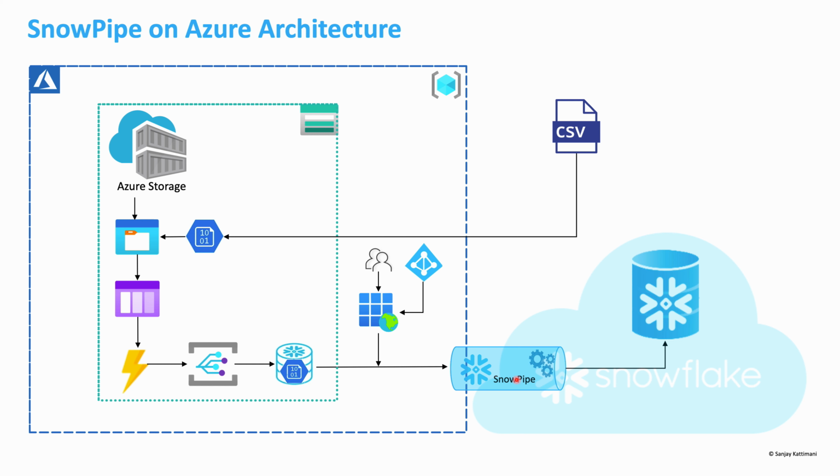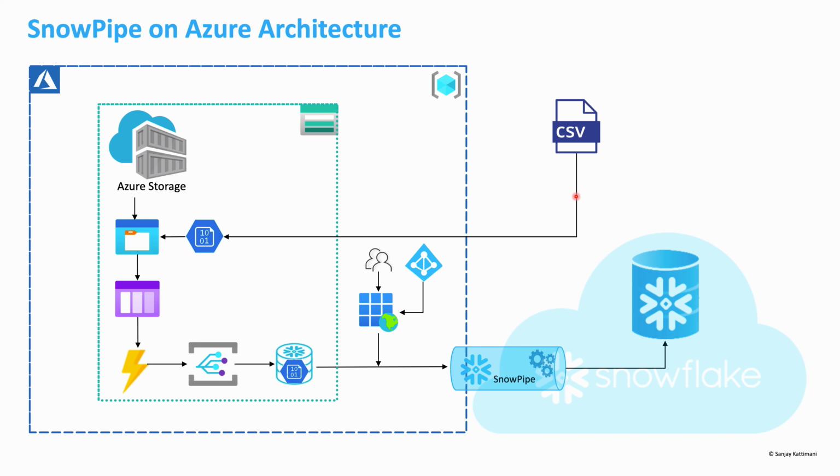This stage area is connected to SnowPipe, which in turn spins up a virtual warehouse and ingests the data into Snowflake. We also have Enterprise Application Authenticator that connects Azure's Active Directory and IAM to authenticate and allow usage of Azure's storage services and connects it to our Snowflake account.